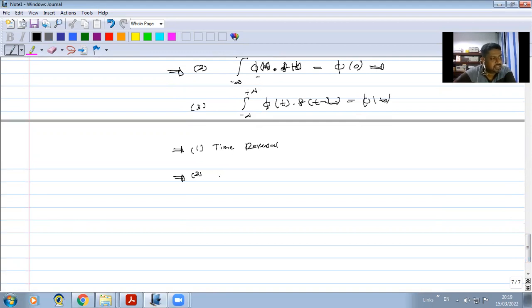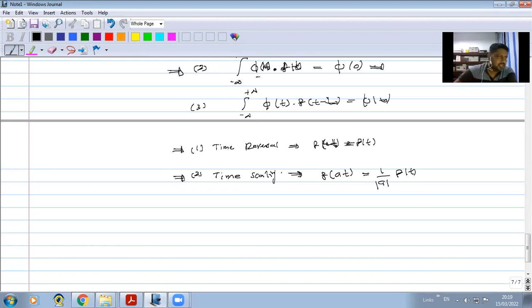In time reversal, the property states that delta minus t is equal to delta t. And time scaling denotes that delta at is equal to 1 by the absolute value of a, times delta t. These are the two properties, time reversal and time scaling.